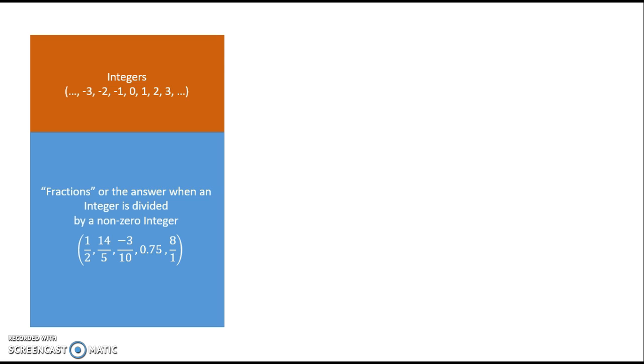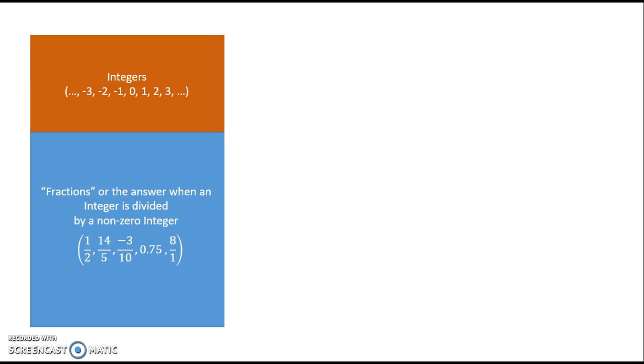Since we can let either number be an integer, this would also include numbers like -3 divided by 10, or 75 hundredths, the decimal, which is an answer to 75 divided by 100, or 8 divided by 1. Now, since you can take any integer and divide it by 1 and get 8 over 1, or 12 over 1, or -7 over 1, that means all of the integers would be included in this group of fractions.